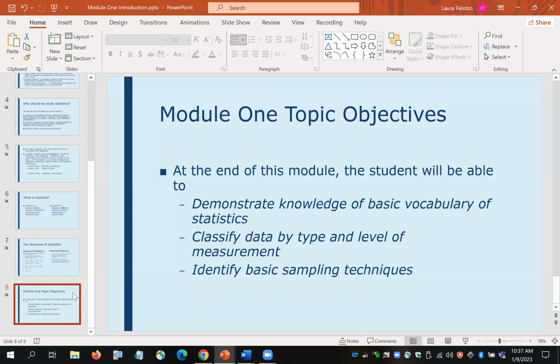I'm not going to ask you to recite what is a variable or define population or parameter, but you have to know what those words mean in order to answer the question. And we're going to look at some examples of what your homework and test questions look like in the next lesson.